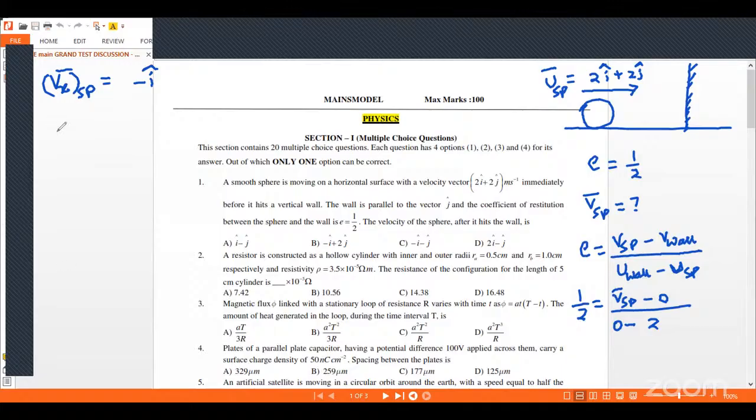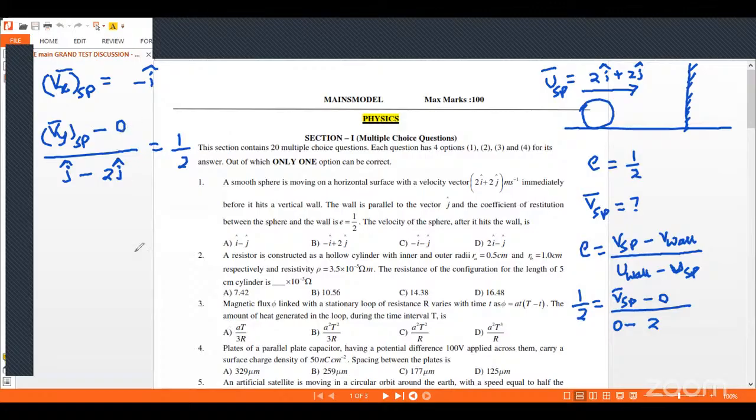Similarly, Vy of sphere minus final velocity of the wall, which will be 0, divided by initial velocity of the wall minus 2 j cap, equals 1 by 2. Final velocity also is minus j cap.